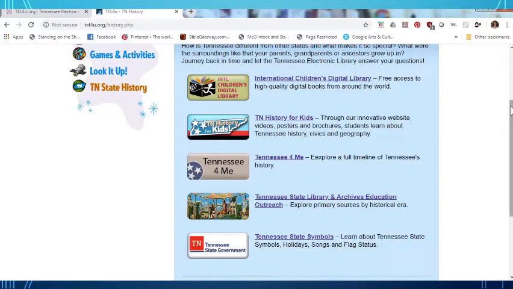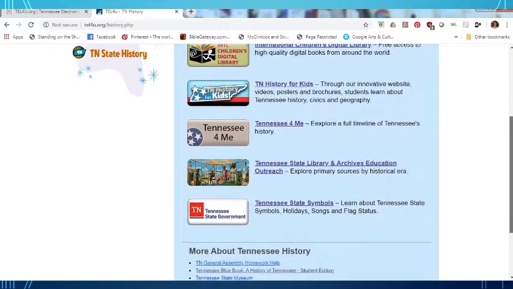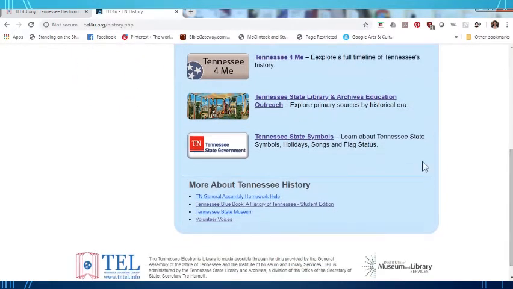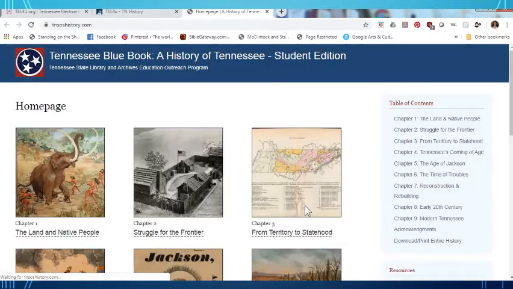And then the last thing I want to show you is the site for the Tennessee Blue Book. This is something that comes out every year. There's two different editions. There's the regular adult edition that talks about the government and history in Tennessee, and then this one that's made for students.